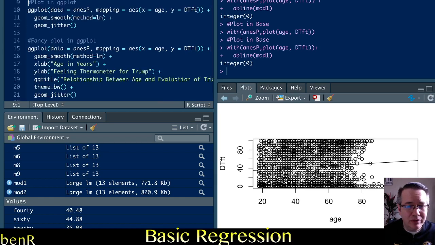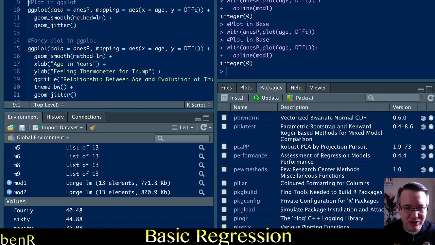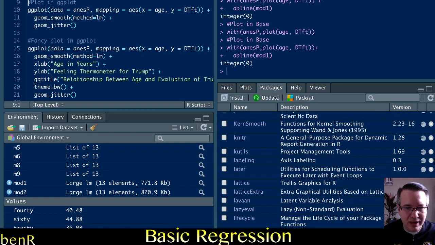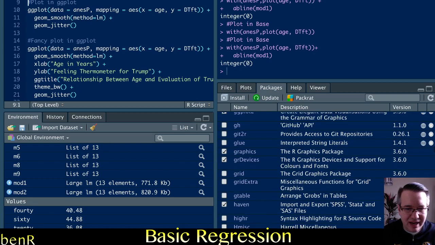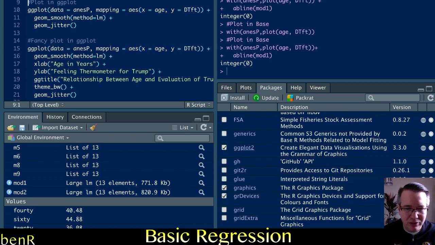So if you use ggplot, which is a package that you would need to install and load, you can see I have ggplot2 loaded here. There's a beautiful whole language to ggplot, and if you learn it, then you can do so many fantastic things.